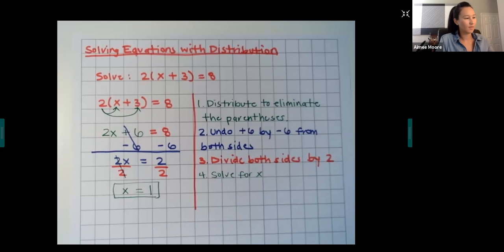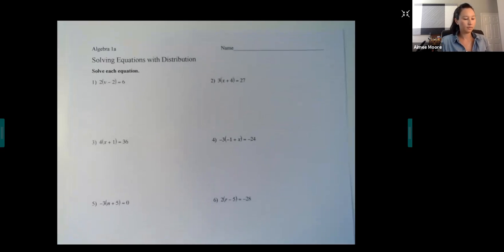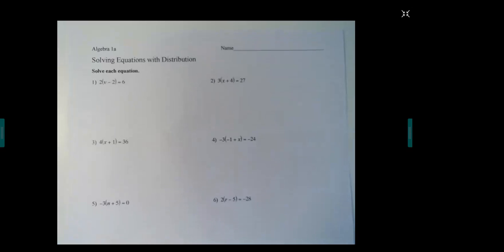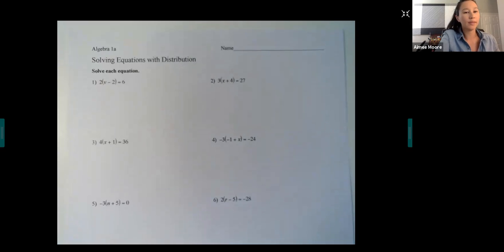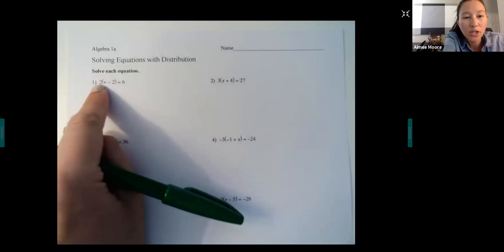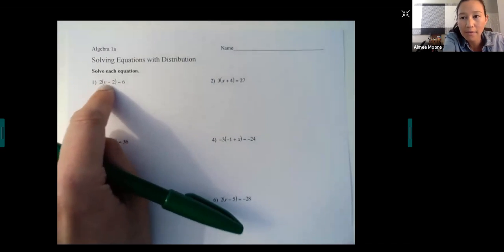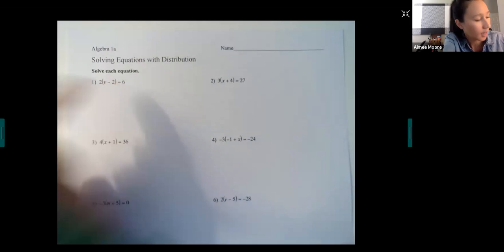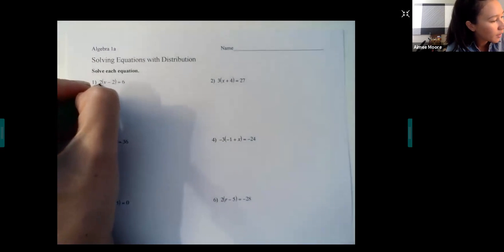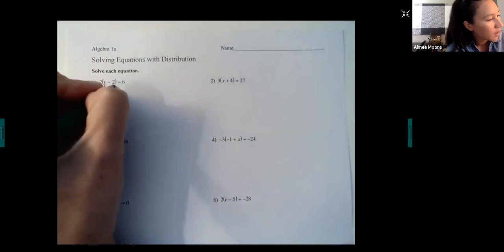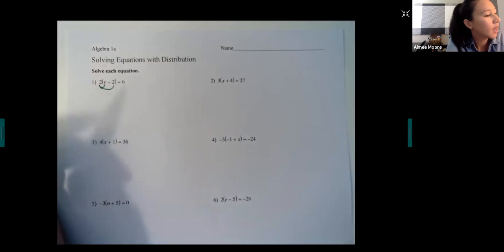Okay, perfect. Let's go to our assignment. Step 1, distribute to eliminate the parentheses. So this is multiplication. 2 is being multiplied by everything in this parentheses, so v minus 2. So draw your arrows to both things in the parentheses and then multiply.